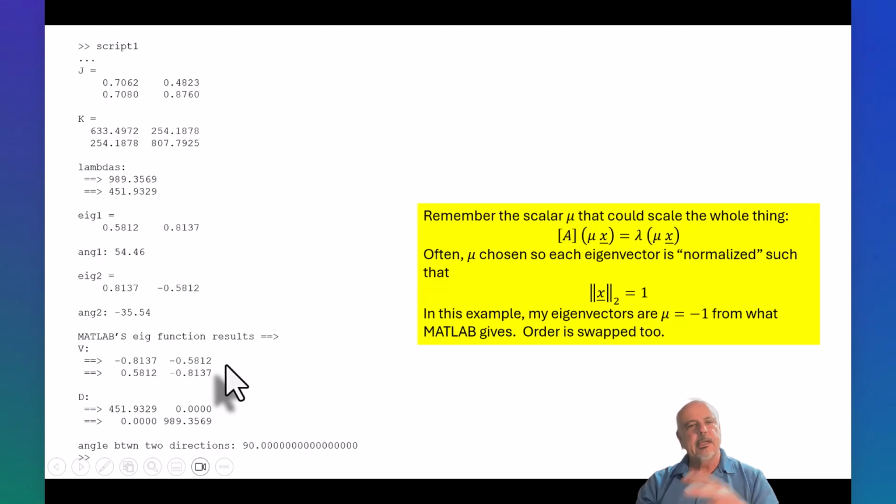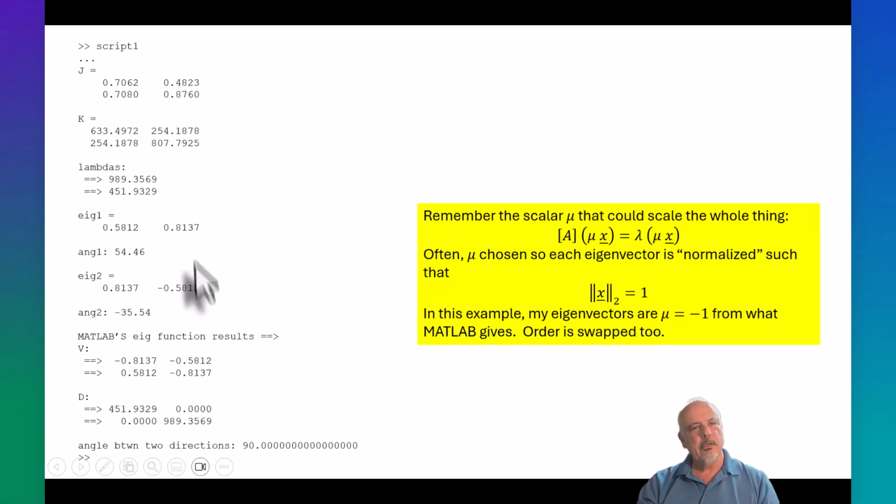And if you look at what MATLAB's function gives you, first of all, it swapped the eigenvalues. So it gave me the second one first. That's not a big deal. And what goes with that, it was 8137 and 5812, but it negated it. It gave it to me 180 degrees off.